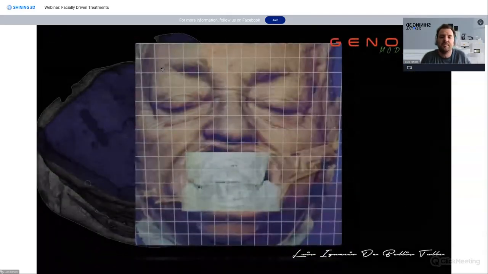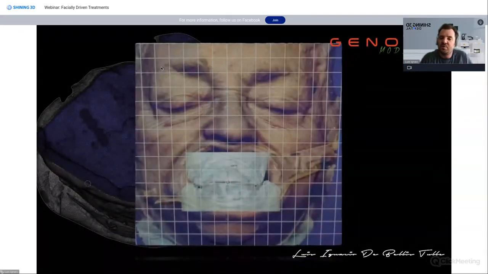But, for example, in this case, the practitioner did an error. The midline of that wax rim is not coincident with the midline of the face of that patient. So these kinds of things are the things that I can correct while working with facial scanning.